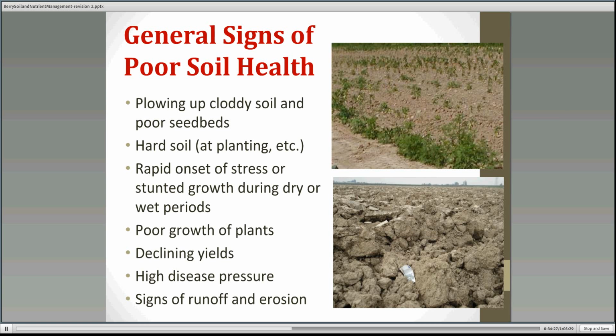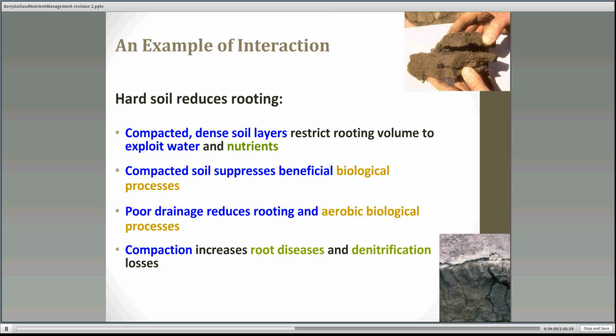Their yields just keep going down regardless of how much fertilizer or organic matter they might be adding. And this also can exacerbate high disease pressure when you get poor vigor. A lot of times diseases take advantage of that. And then you might see signs of runoff and erosion. So those are pretty obvious poor soil signs.